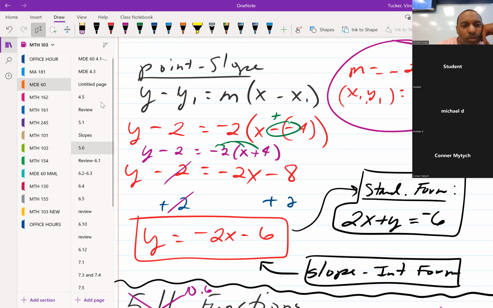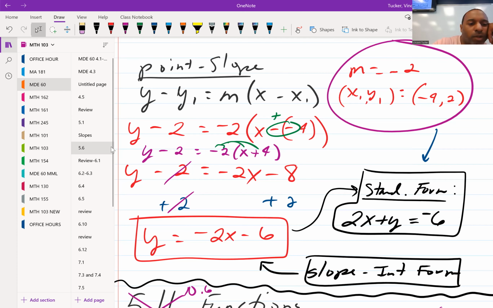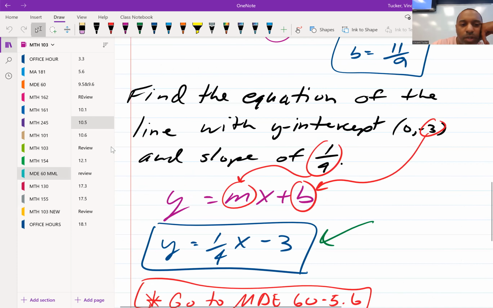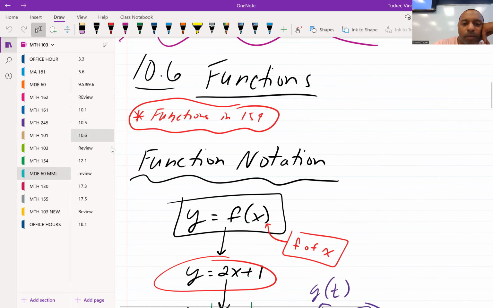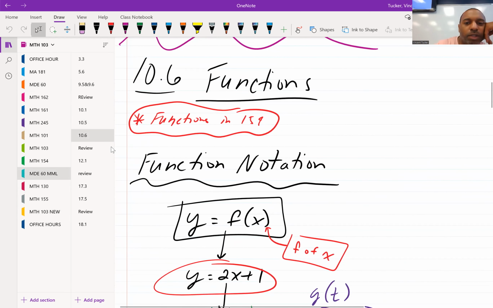I'm trying to see something real quick. Okay. All right, so let's go here, 10.6. So 10.6 is functions. You can just write down a title. I have to go to another page, but 10.6 is functions.